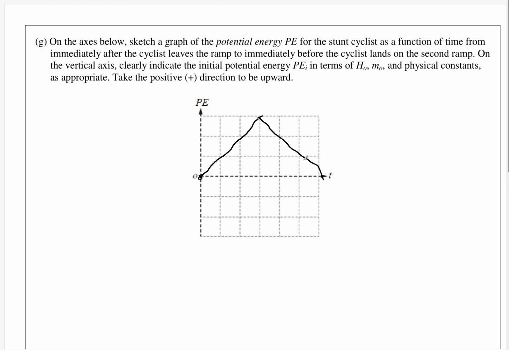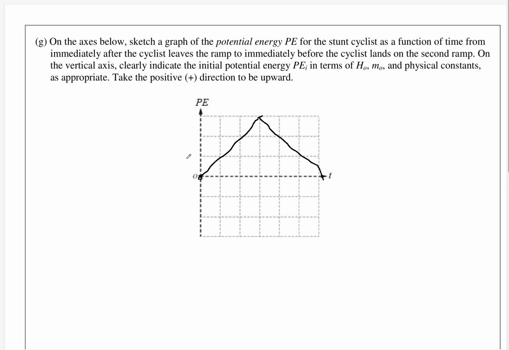So to explain, it leaves the ramp, it jumps up, gains height, so it gains potential energy, and then when it starts falling down, when it hits that peak right there, it loses potential energy until it hits the second ramp.